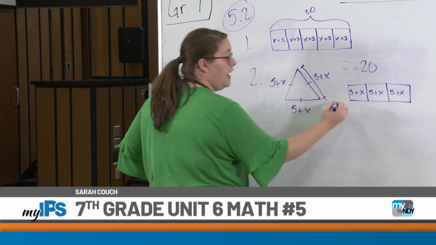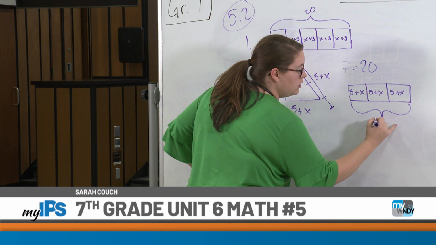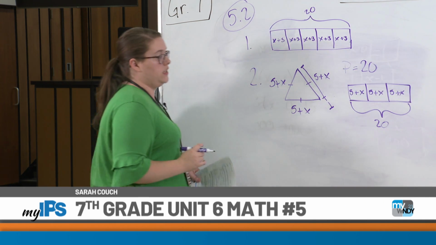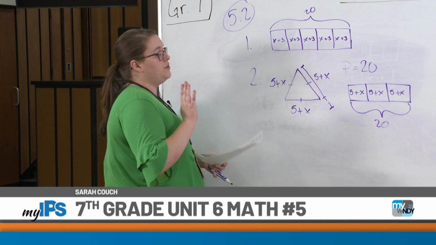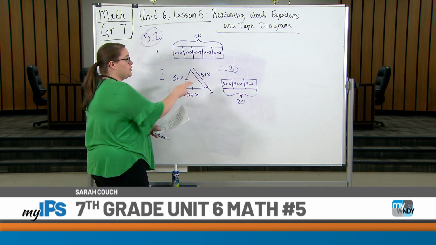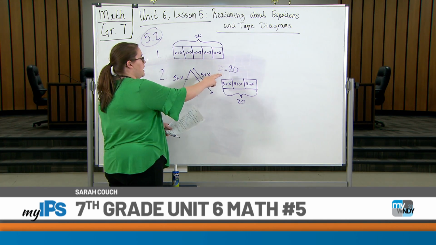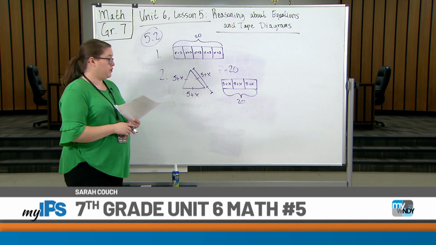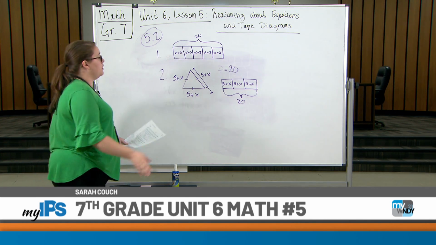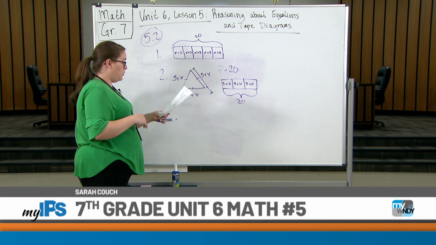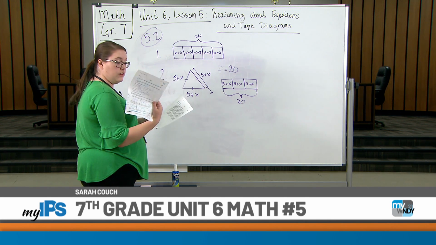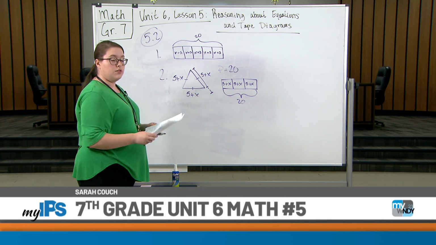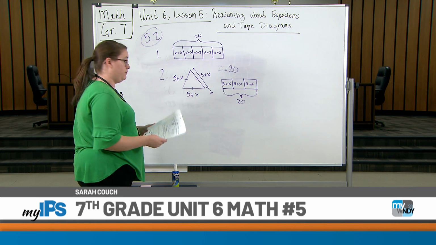And then that is going to equal our total, our whole of 20, okay? So I would at least write the tape diagram down in order to help you solve number 2. All right, so I'm going to quickly erase these 2, and then I'm going to work on 3 and 4 with you, and then you will do 5.3 on your own.